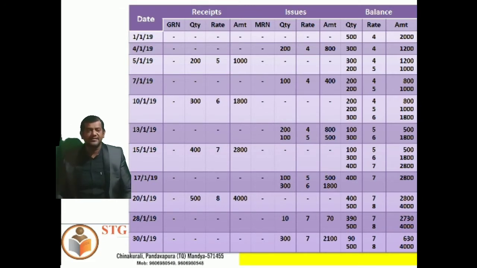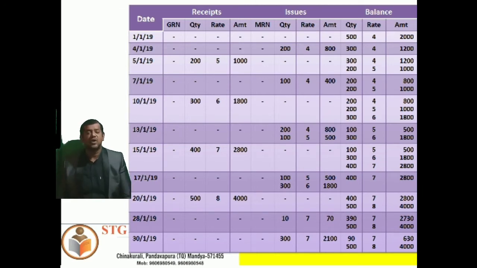Under balance column, quantity, how many units has been given as opening stock? 500 units. So 500 at ₹4 each, that means 500 into 4, 2000 rupees. Next on 4th January, there was an issue. Issue of how many units? 200 units.